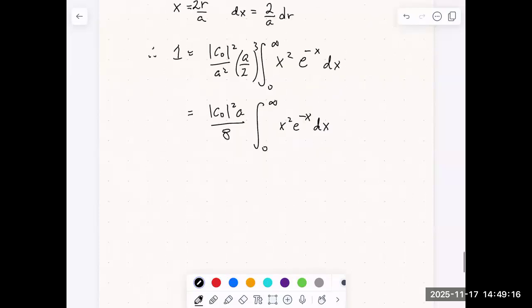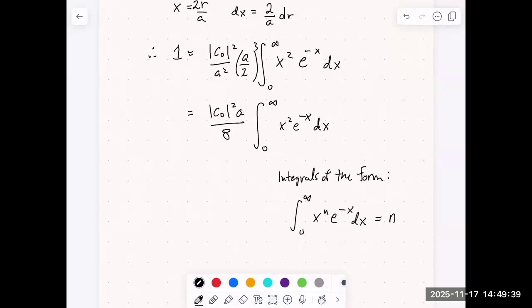And it turns out that integrals of this form, now, it's important that this only works when we integrate from 0 to infinity. So if you had some different integration limits, then you're out of luck.